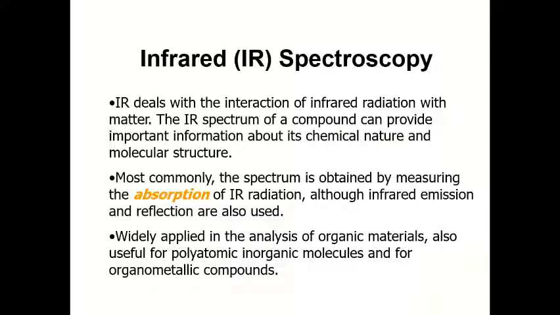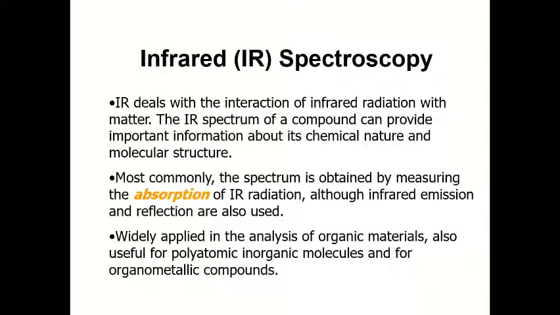Specifically, infrared spectroscopy deals with the interaction of infrared radiation with matter, right? The IR spectrum of a compound can provide important information about its chemical nature and molecular structure.